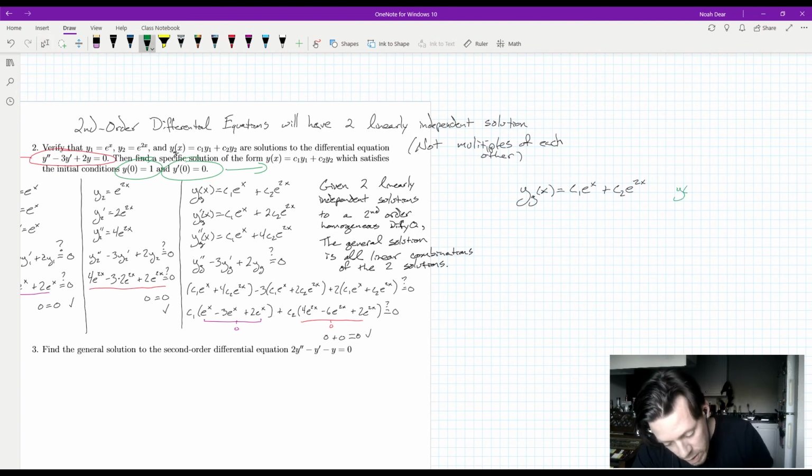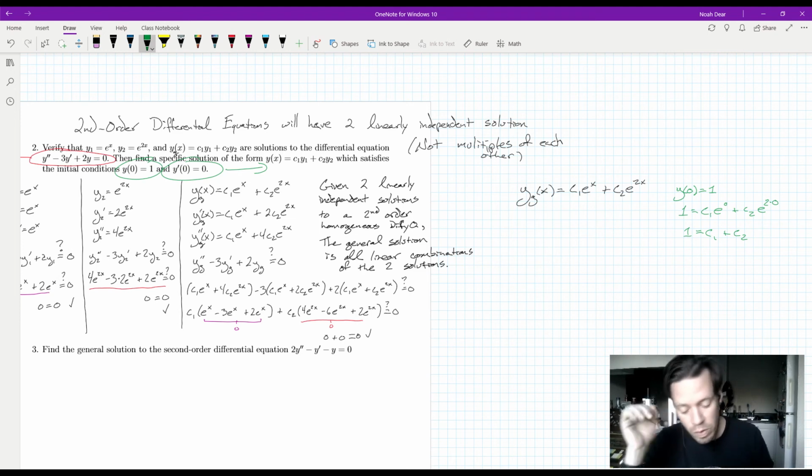So y of 0 equals 1. We'll plug 1 in for the output and 0 in for x. That's going to be 1 equals c1 e to the 0 plus c2 e to the 2 times 0. So 1 equals c1 plus c2, because e to the 0 is 1, so those will just go away there.